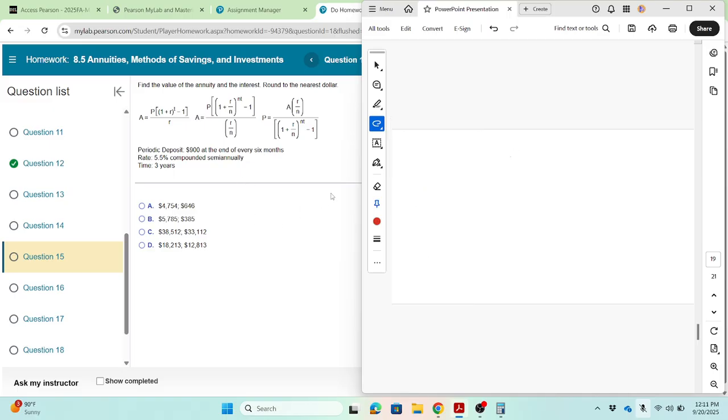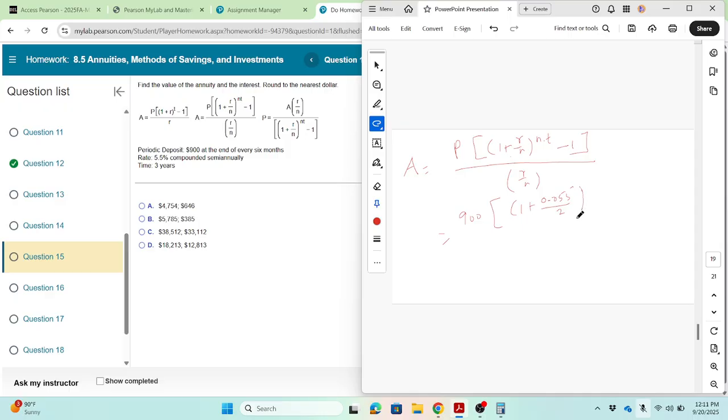The value of the annuity A is equal to the periodic deposit times the bracket 1 plus r over n, to the power n times t, minus 1, divided by r over n. Remember, P is the periodic deposit. In this case, it's $900. The rate is 5.5%, 0.055. n is how many times in a year? It's 2 times in a year, because every 6 months means there are 12 months, so 2 times a year.